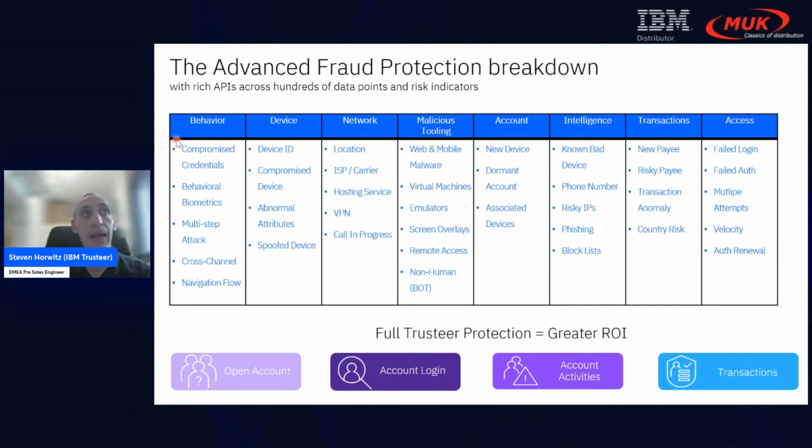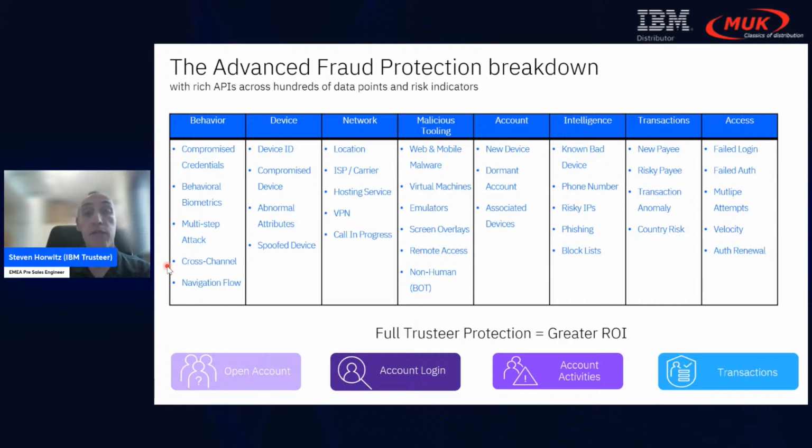So from a behavior point of view, we are going to talk about behavior biometrics. It's very much part of Trusteer's offering. In the next slide, we'll go into even more detail on it. Cross-channel attack means that the victim may be using their web browser to access the account, but the fraudster steals credentials and tries to log in from the mobile.